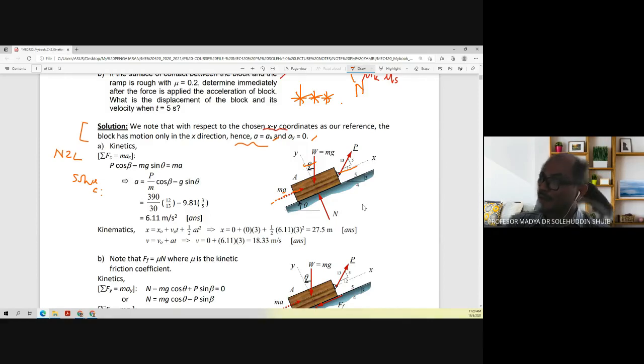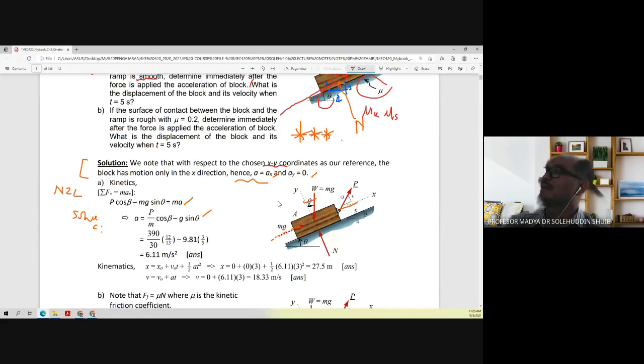You settle this one, put it in this form, and then you substitute the values: 390 newtons, given in the problem, divided by m, which is 30 kilograms, times cosine beta, which is 12 over 13, and then sine beta, which is 3 over 5.